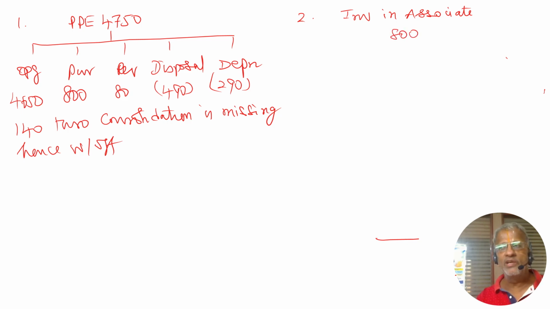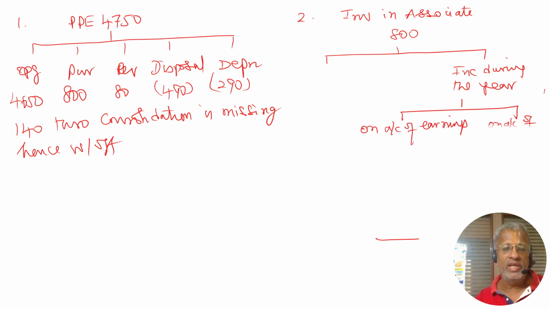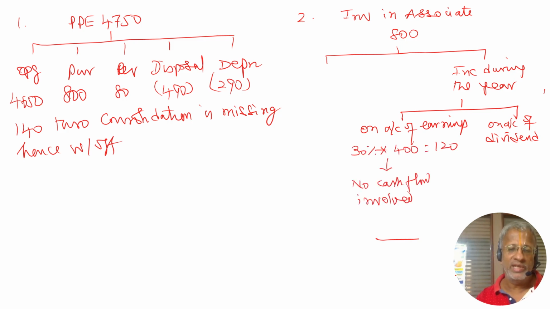Investment in associate stands at 800. Now the increase that took place during the current period is on account of earnings, that being the 120 I told you about, and on account of dividend, which is going to be 30. For this 120, no cash flow is involved, whereas in the dividend case cash flow is involved, but this item did not affect your profit and loss account.